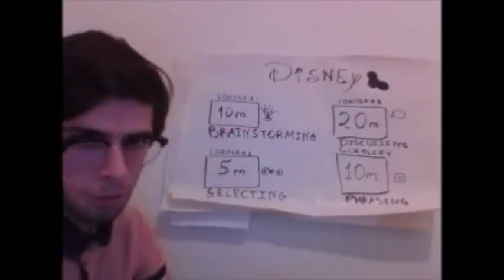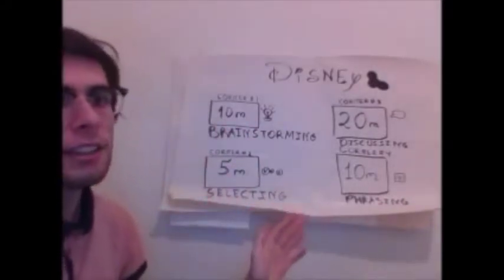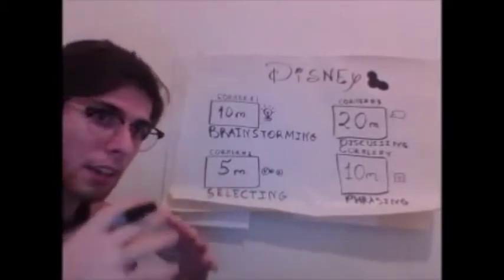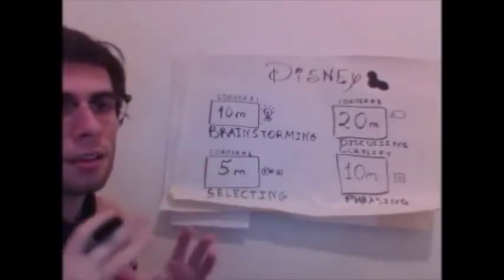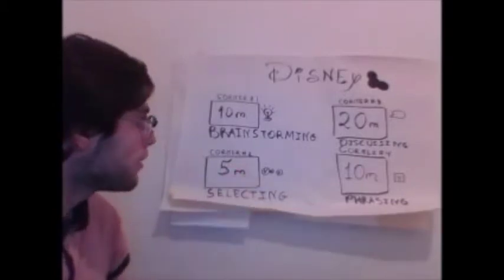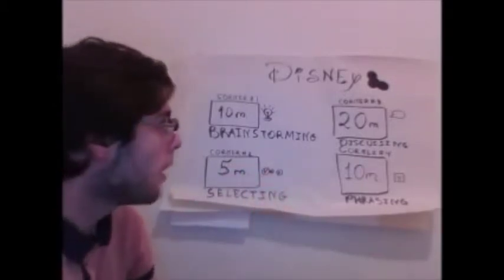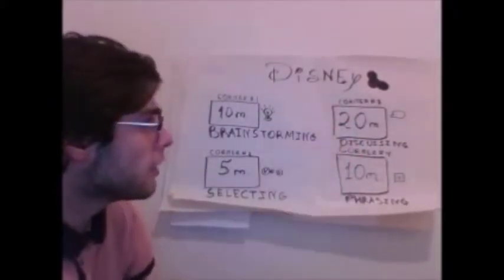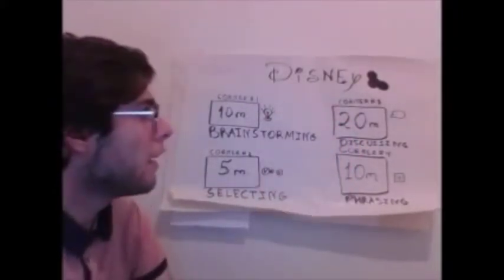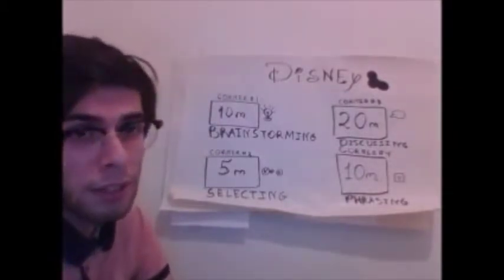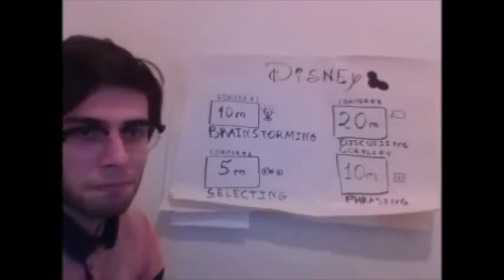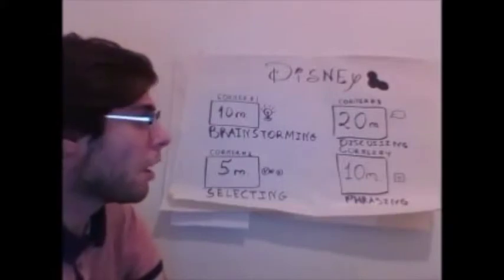If in the brainstorming every idea is welcome, here delegates themselves already select the idea that they want to discuss. After 5 minutes are up, they move to the next corner, which is the discussing corner, and they have up to 20 minutes to finally either agree upon the idea or just leave it out of the resolution.